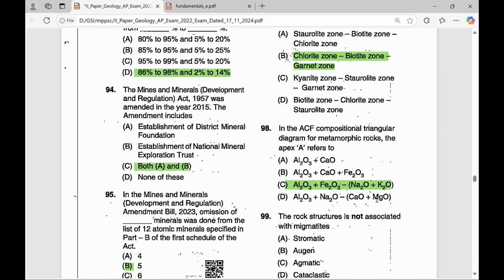Okay, so as I have marked, the correct answer is this. Normally in ACF, A represents Al2O3, but this component has to be slightly modified to account for the presence of other minor components of the rock, and hence this Al2O3 has been extended or modified to this.